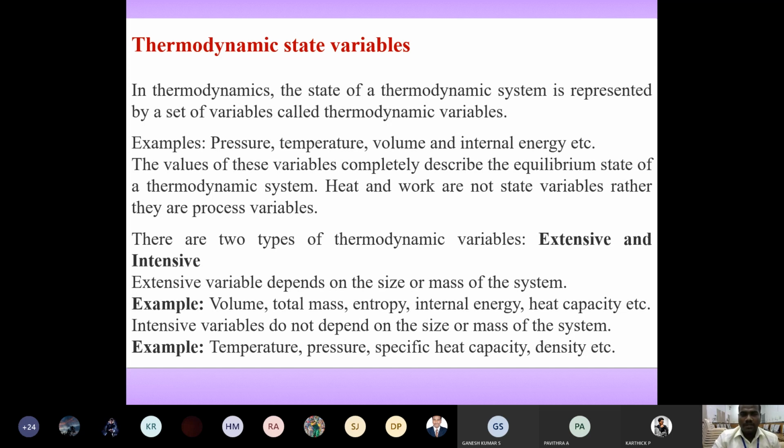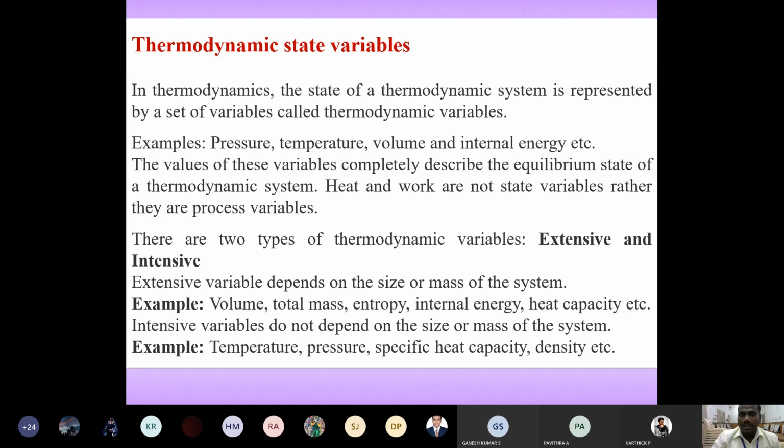Take volume. Assume your system has a volume V. If you cut the system into two parts, part one will have half of the volume and part two will have the other half of the volume.